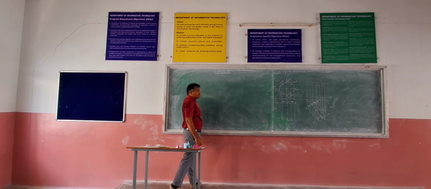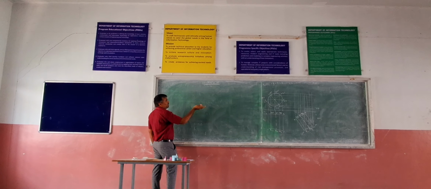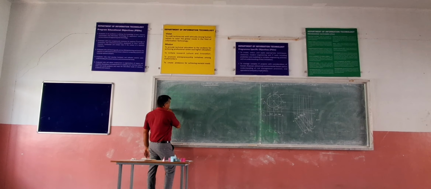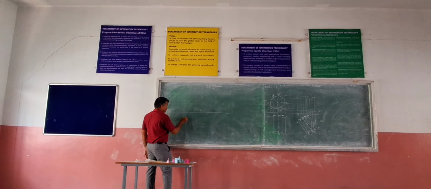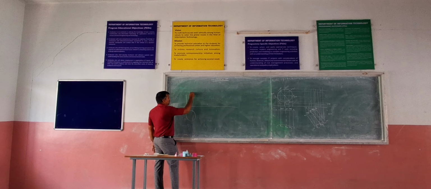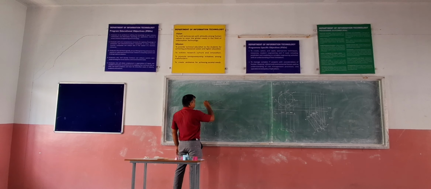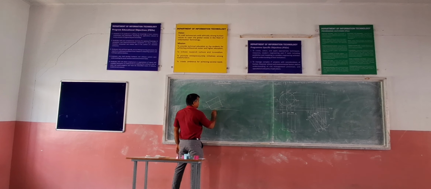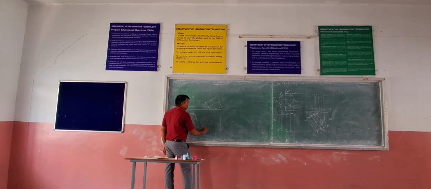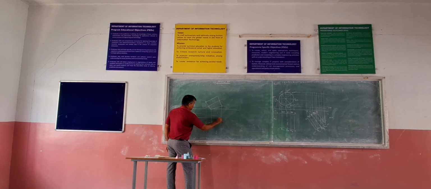You have to identify whether the problem is inclined to VP or HP. If it is HP, it is similar: draw the circle, top view, front view and the inclined angles, and project downward.